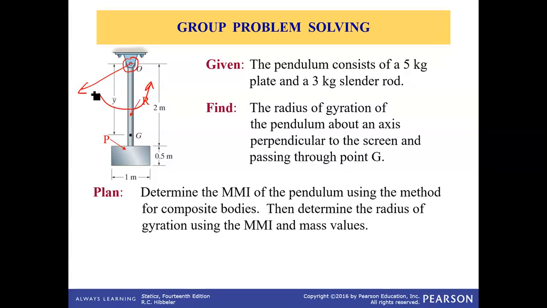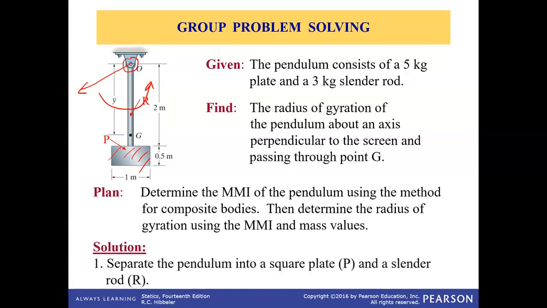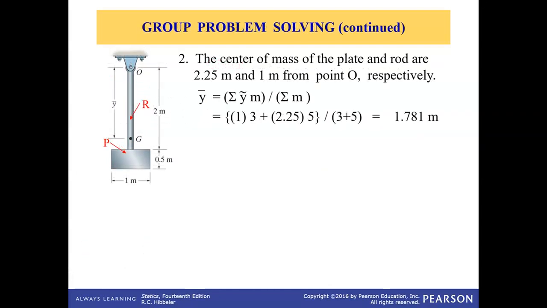So we would like to know the radius of gyration relative to this point. For that, first we need to calculate the mass moment of inertia of the plate about O, then the mass moment of inertia of the rod about O, and then we can apply the radius of gyration equation, and that's being done here.